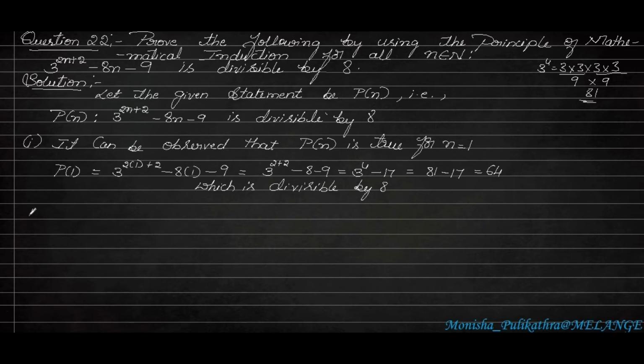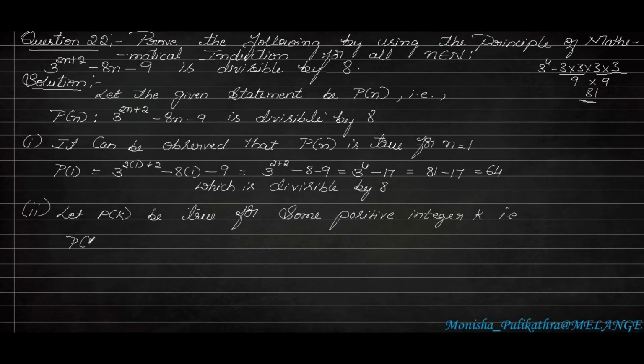So next, in the second step, let P of k be true for some positive integer k. Okay, so we have to substitute k in the place of n here.